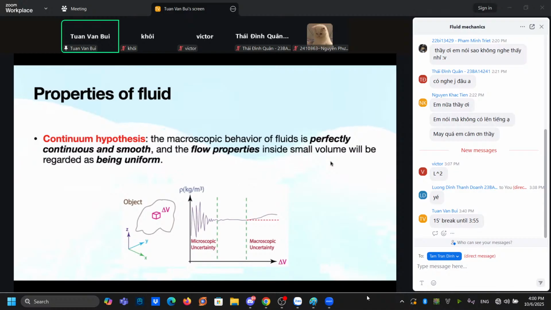But if we look farther from the beach, like you view from above, like from some hotel, you can see that the beach is very smooth and very hard to identify where is a big grain, where is small grain. So we can mark it as, when we study the flow properties, will be regarded as being uniform.